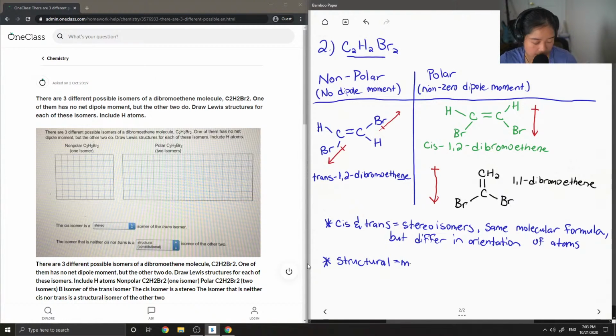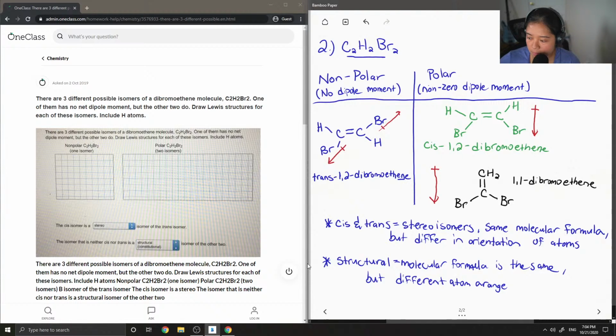This is when the molecular formula is the same, but they have different atom arrangements.